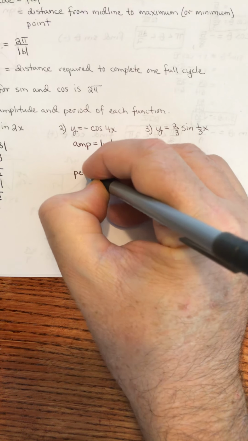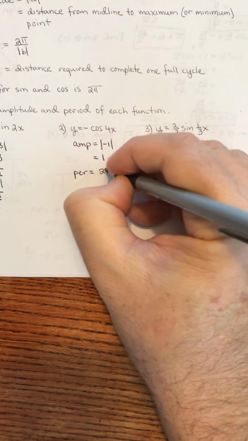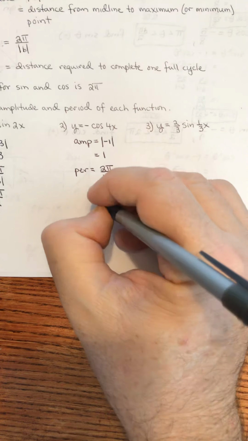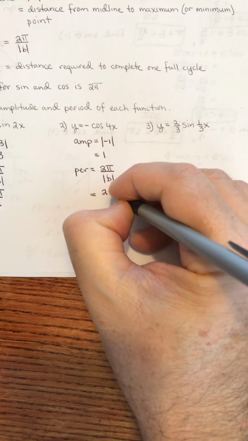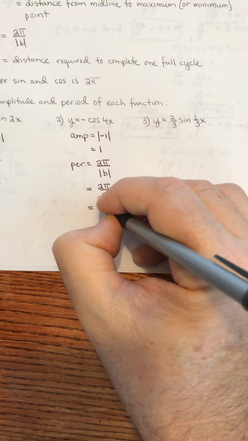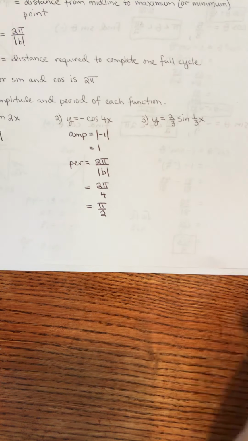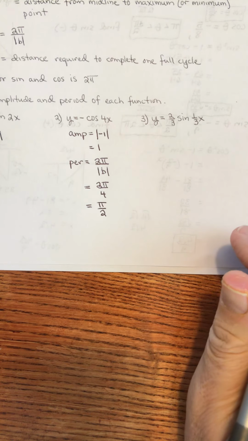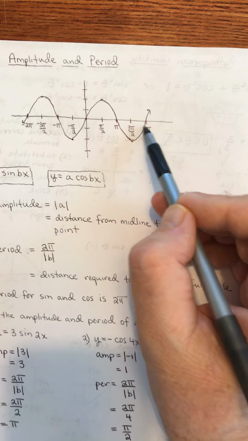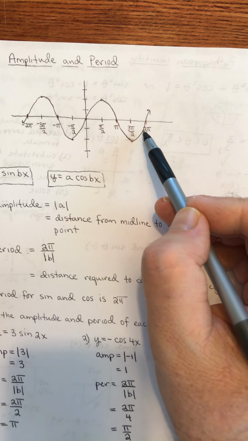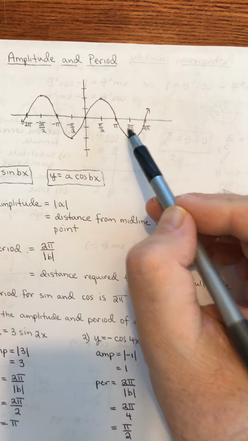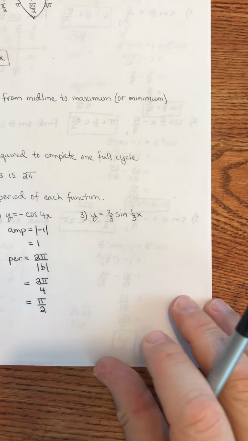And the period, again, is 2 pi divided by the absolute value of b, which would be 2 pi divided by 4, which is pi over 2. So I will finish one complete cycle by the time I reach pi over 2, which changes these units, because this very last one would be pi over 2. Half of that would be pi over 4, so the units would be pi over 8, 2 pi over 8. That's not that important for now. I'm not going to worry about that.